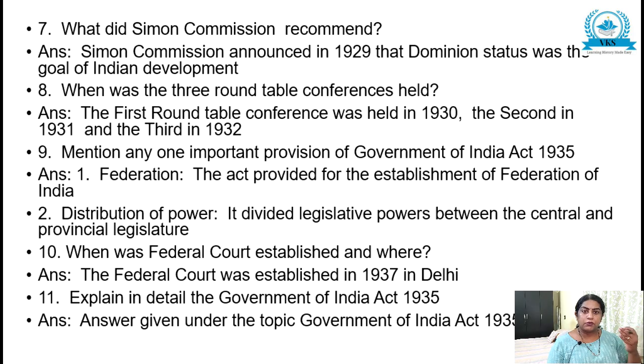Then you can write about the federal list, provincial list and concurrent list. Then hierarchy at the center. Then the federal legislature, that is Council of States and Federal Assembly. Then you can write about the federal court and the provincial autonomy. So this is how you can write this answer. These are some questions regarding the topics which I have explained today.